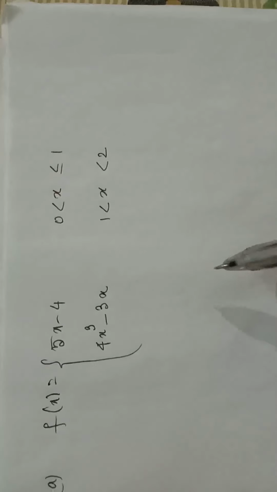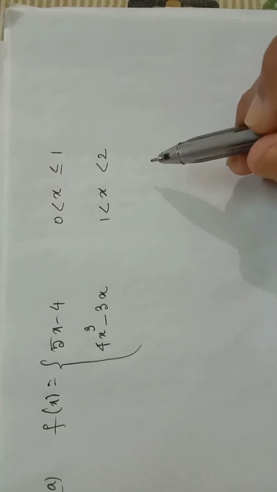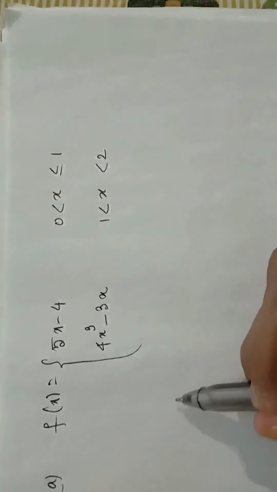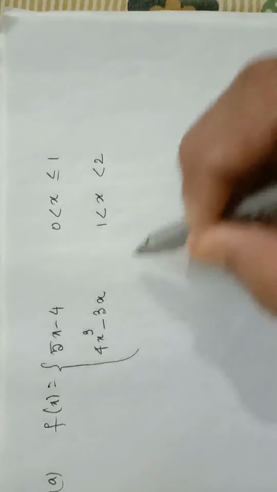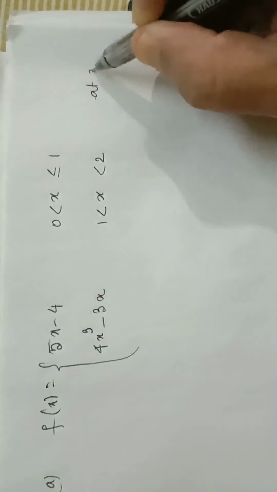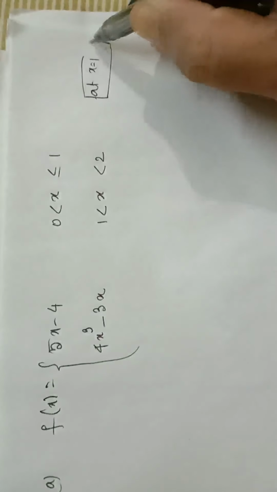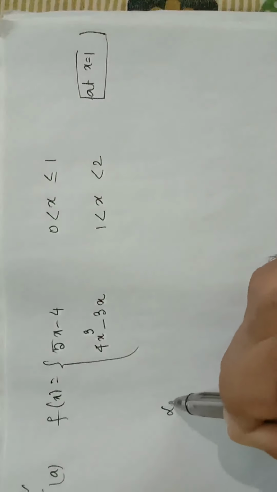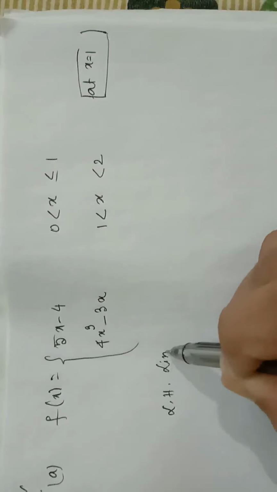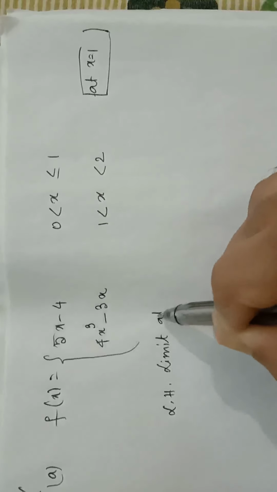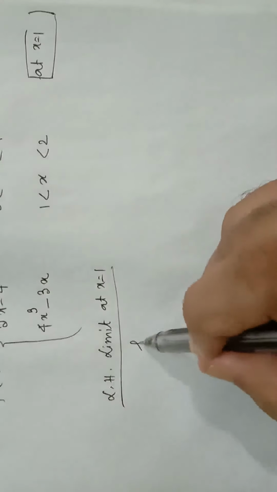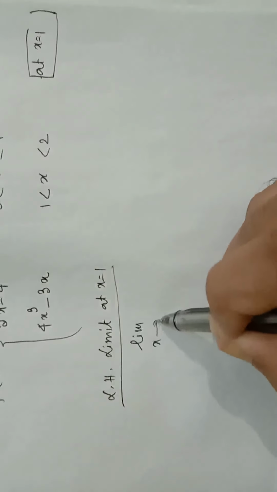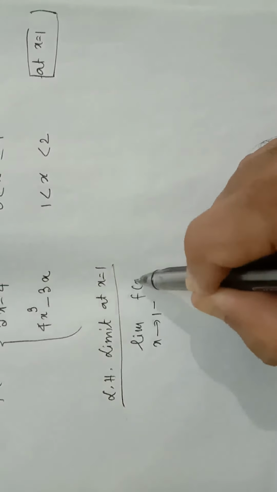For this function, we have to test the continuity at x equal to 1, and this is in split form, so we will use the first form of the formula. So the left hand limit at x equal to 1 is limit x tends to 1 minus f(x).